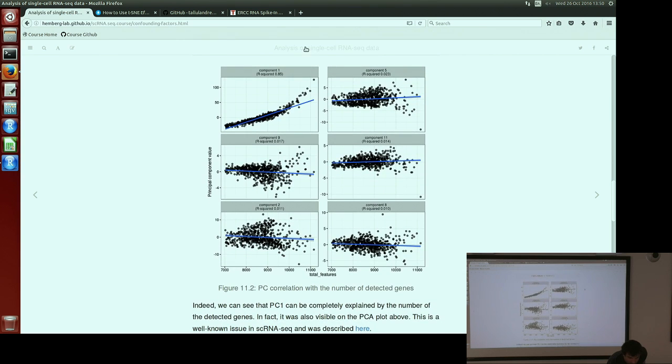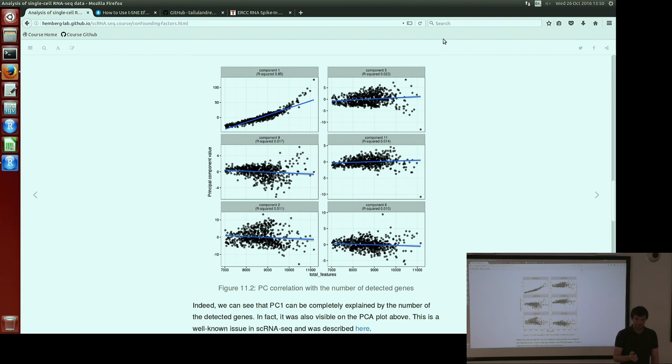Then we generate this plot, which shows the correlation between total features, the number of detected genes for each cell, and the 6 principal components that are most correlated with total features.